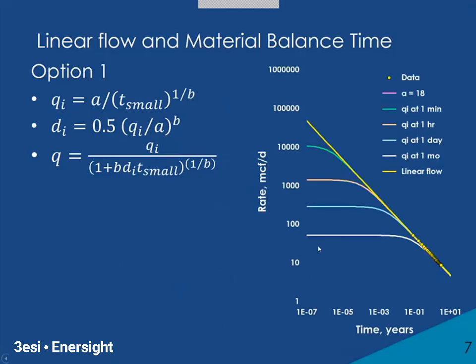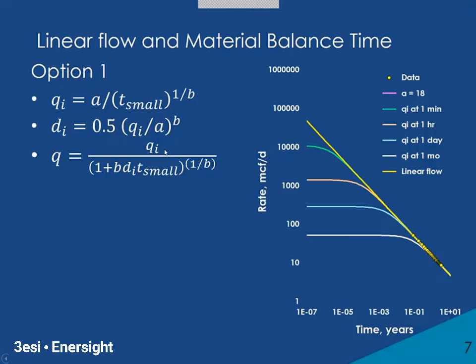And so your equation must bend over into an asymptote equal to that rate. The only way you can prevent that from happening is to use your equation and assume a very, very small time. I use a time of something in the order of 1 hour. And using that small time of 1 hour, I calculate the rate at that time and use that rate and time in my linear flow equation, and I can calculate all the parameters.